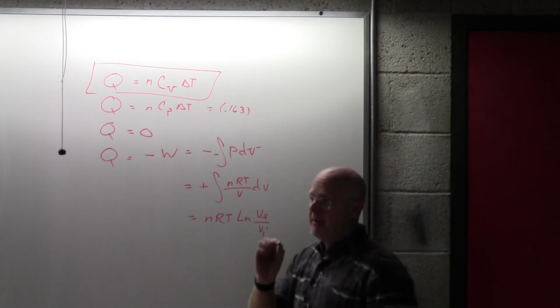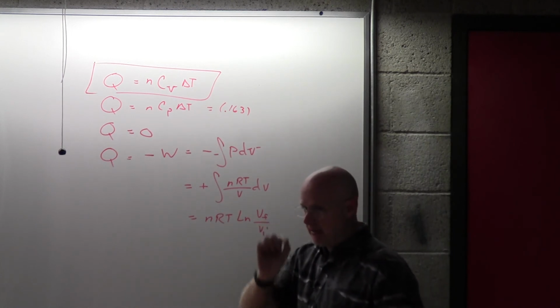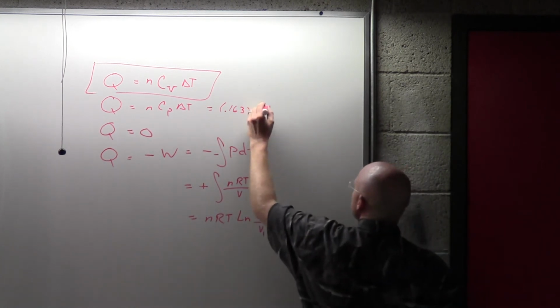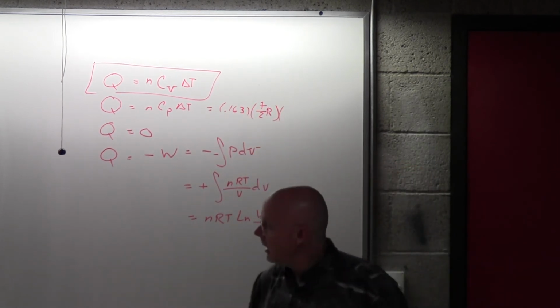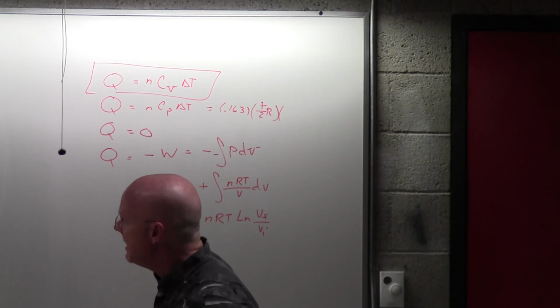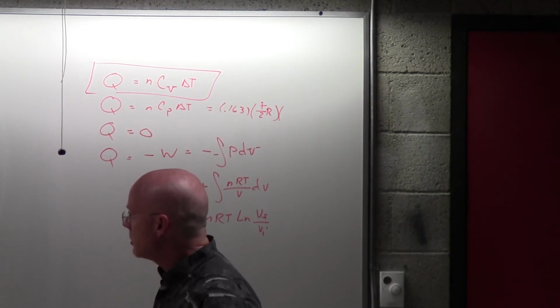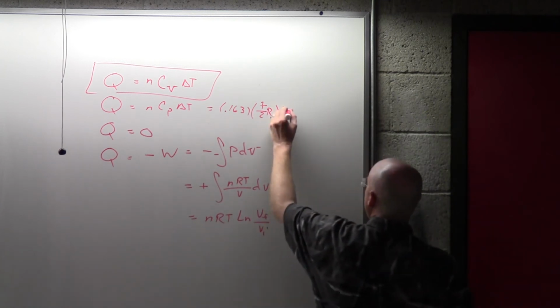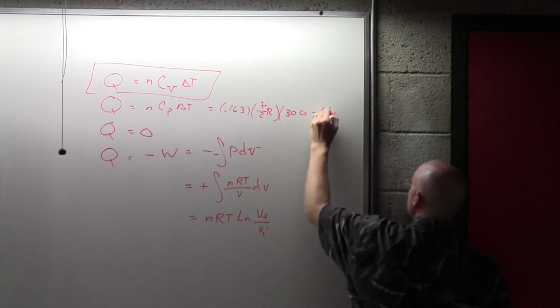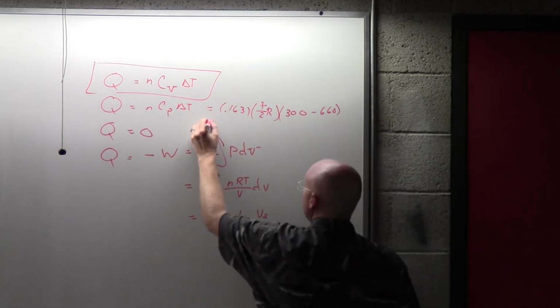What would CP be? Diatomic? 7 halves, exactly. And what are we going from C to A? So we're finishing at A, so that's 300 minus 660.